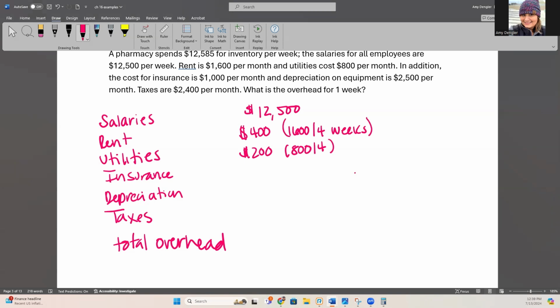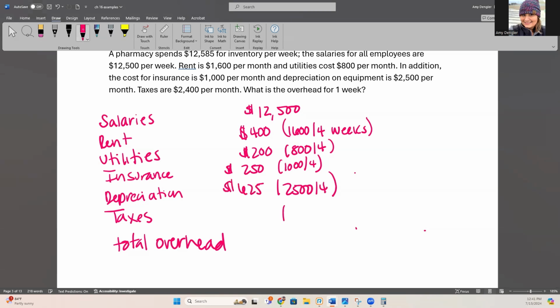And then the insurance is $250 per week, and that's from the 1,000 divided by 4. The depreciation is $2,500 per month, so we would take that 2,500 and divide it by 4, which would give us 625.